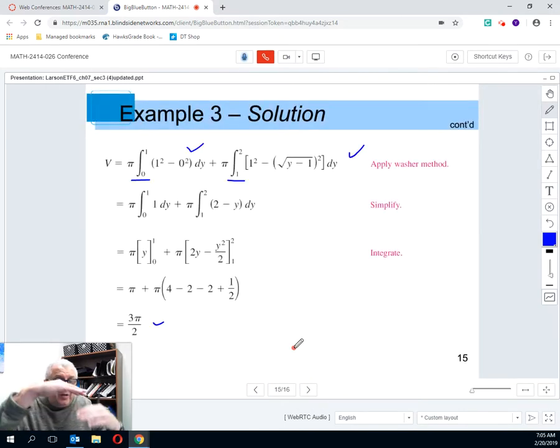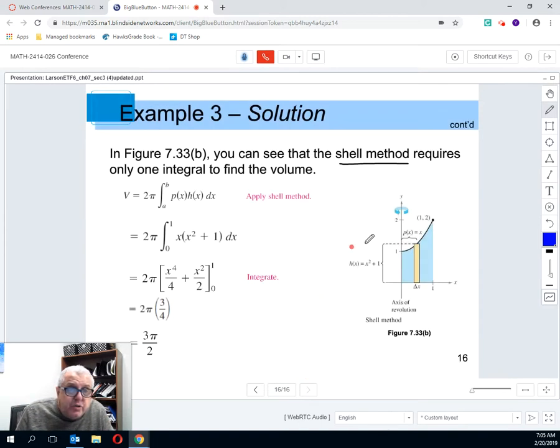So once again, that was the disk method. We had to break this particular shape up into two pieces. Now, if we use the other method, the shell method, you don't have to break it up into two pieces for this particular problem. We're going to rotate around the y-axis.